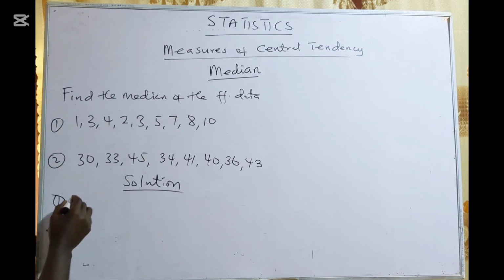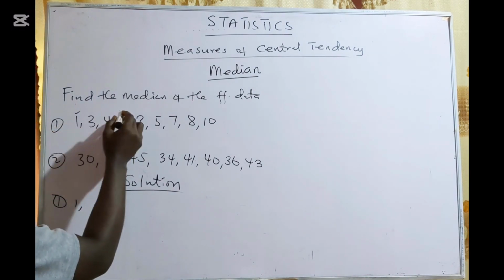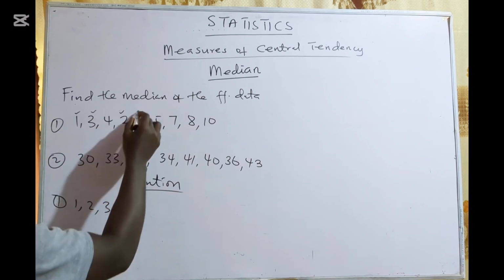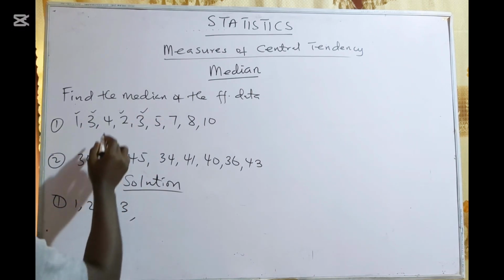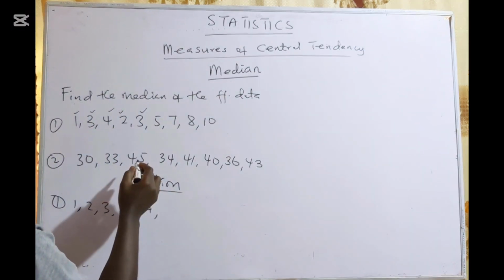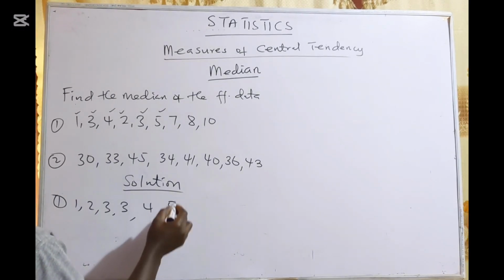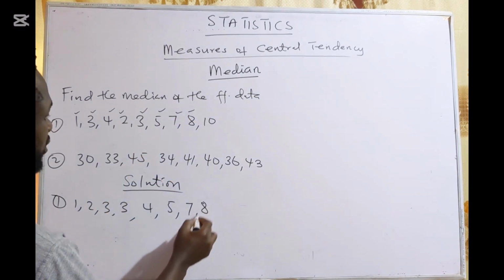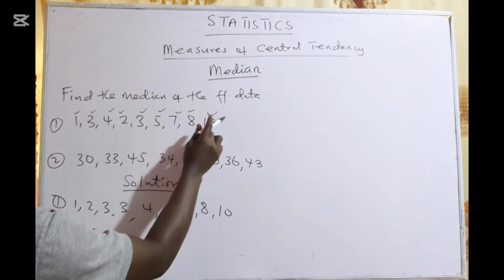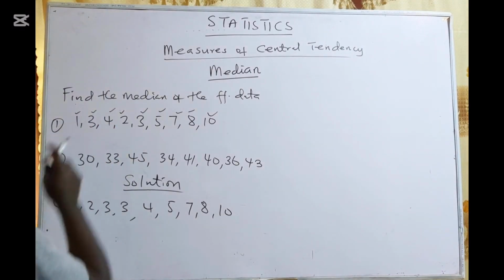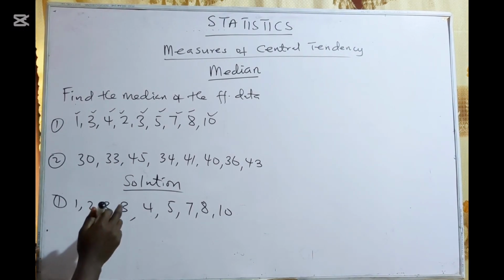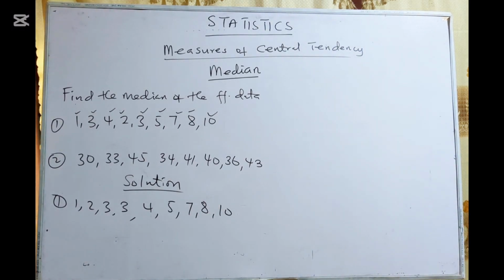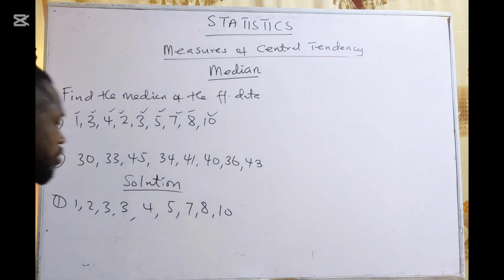So 1, then we have 2, 3, there's another 3 here, and we have 4, then 5, then 7, 8, and then 10. That is 1, 2, 3, 4, 5, 6, 7, 8, 9 values. So this is our data there.